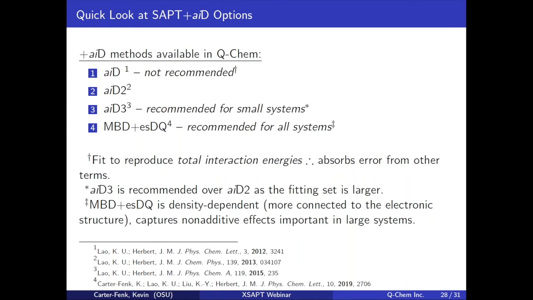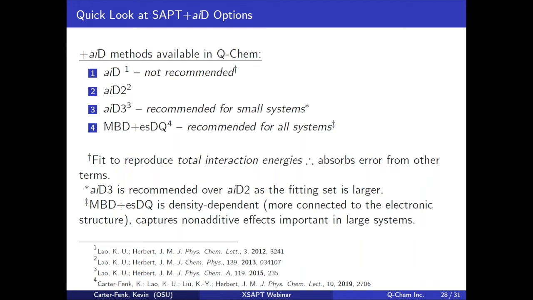The MBD potential is recommended for all systems in general, because if your monomers are not small but not too large, sometimes the many-body dispersion correction can be important. And MBD tends to retain its excellent performance even in small systems.